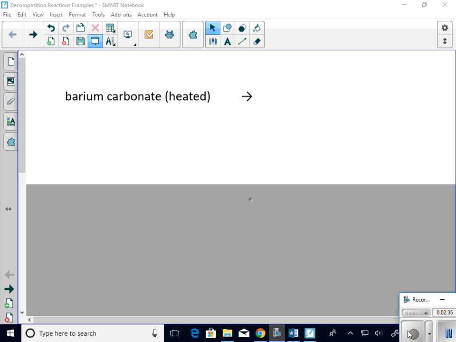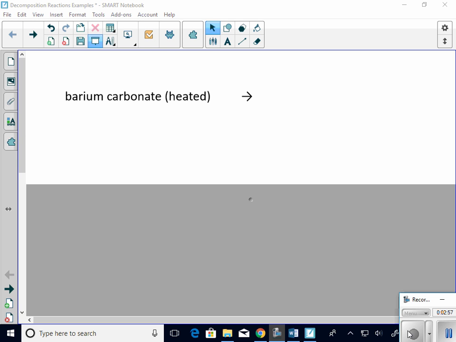Now, we've got one compound up here, barium carbonate heated. If you had to tell me which one of the 6 decomposition reactions, what would it be? These should be easy for you, folks. Look at your help sheet.